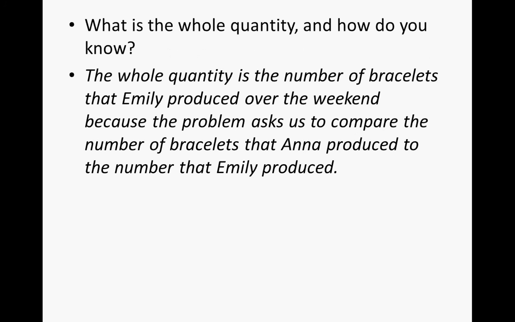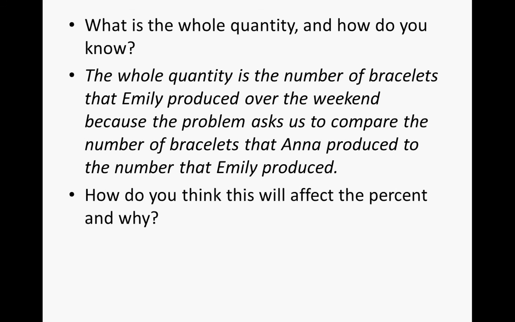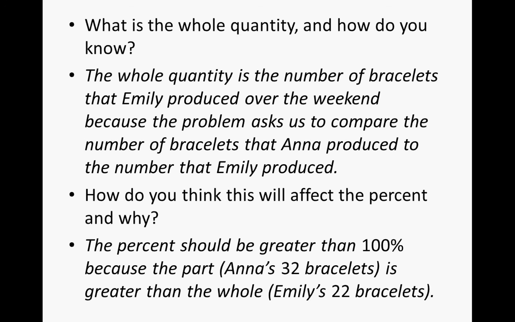Now the whole quantity is the number of bracelets that Emily produced over the weekend, because the problem asks us to compare the number of bracelets that Anna produced to the number of bracelets that Emily produced. So how do you think this will affect the percent, and why? Well, the percent should be greater than 100% because the part, Anna's 32 bracelets, is greater than the whole, Emily's 22 bracelets.